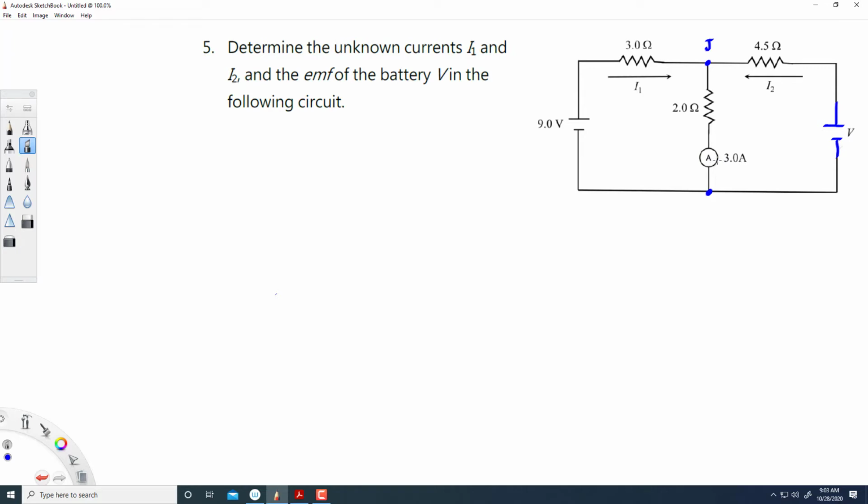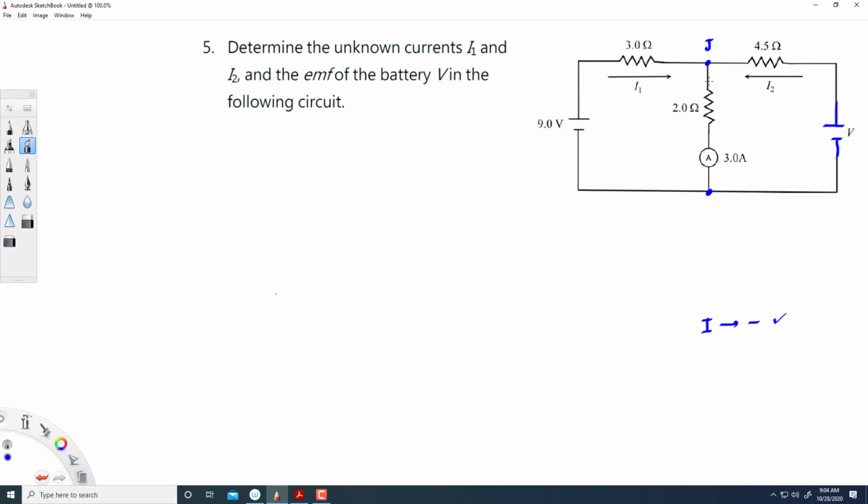In the last solution, we got the answer of current to be a negative value. Whenever you see a negative value of current, that means the current direction you chose initially is just the opposite of the right direction. You can choose any direction you like.